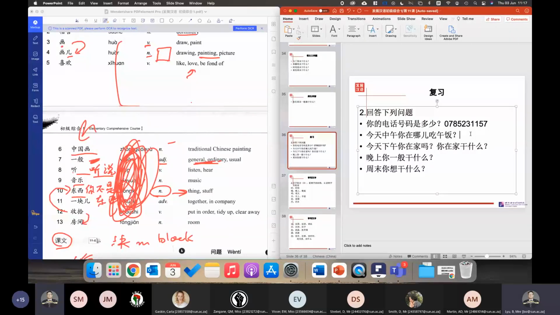And now, get your pen, or if you want to type, you type, get a paper. Now you ask me about my cell number. 你的电话号码是多少? 我的电话号码是 take your pen 15811331737. Can you say it again, please?